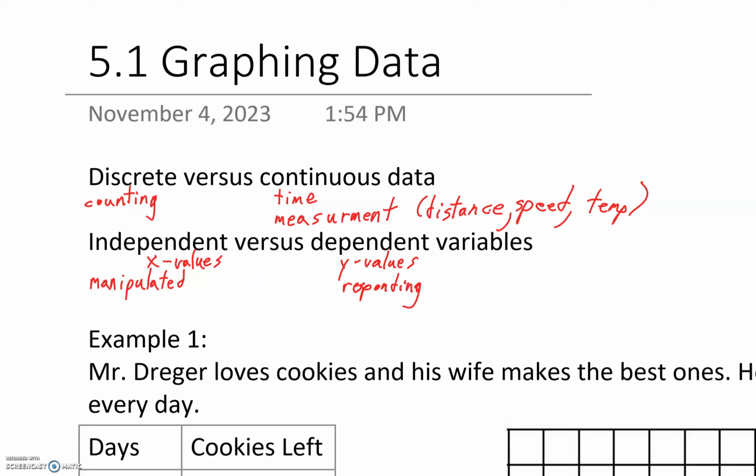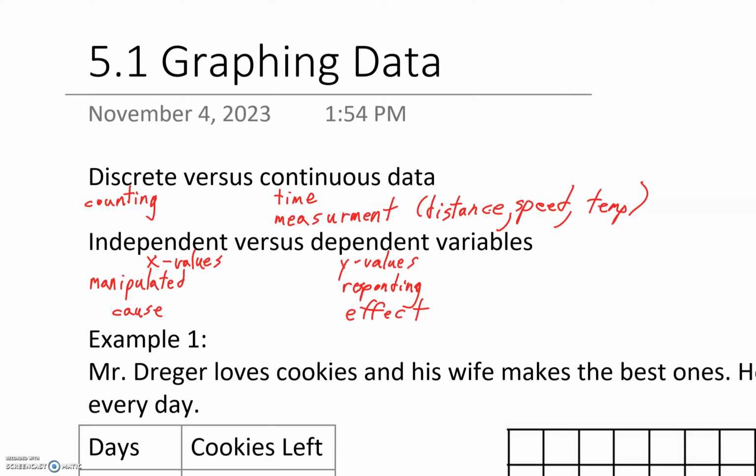So this is hard for a lot of people to get straight, but basically the question is, what causes what? Something is the cause and something is the effect. Okay, you have to keep in mind cause and effect. You cannot change the effect without first changing the cause.